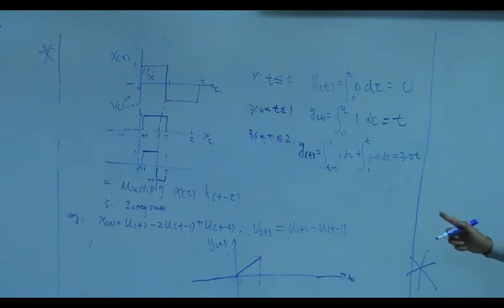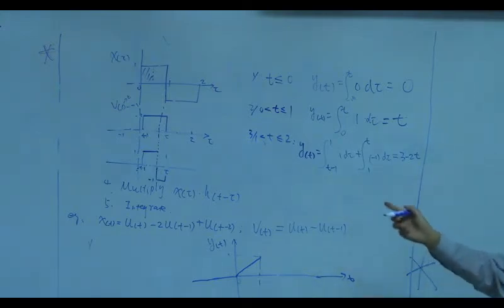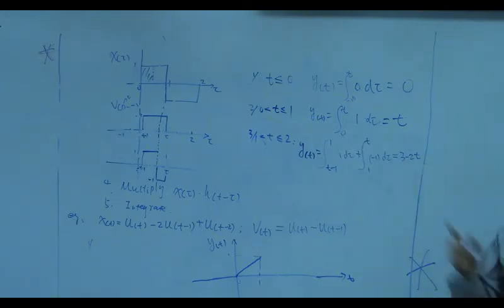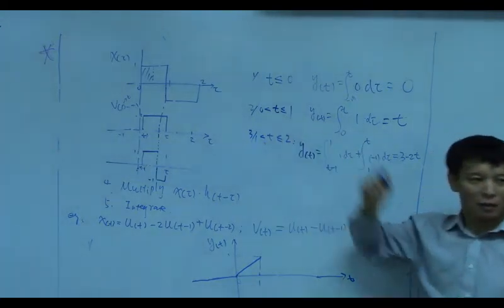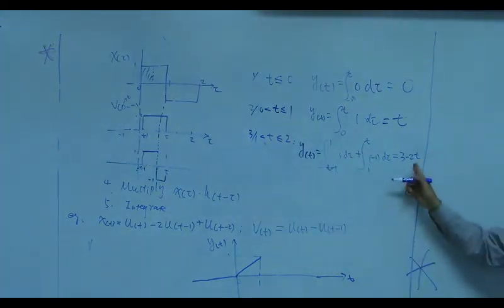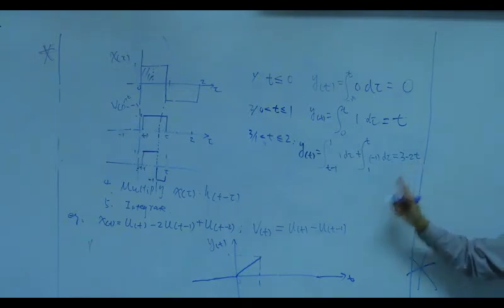You do it by yourself, right? That's the easiest integration in the world. Integrate only 1. So the result equals 3 minus 2t, where t is between 1 and 2. Let's see. When t equals 1, what's the output? 1. Oh, that is here.